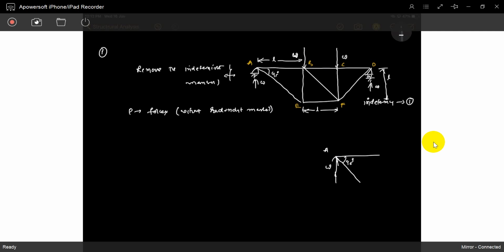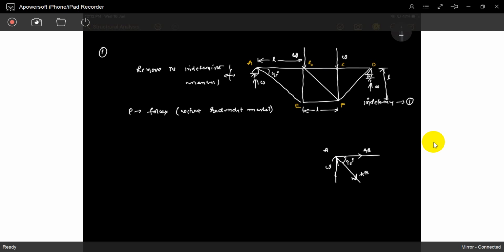What is the force at A? I will take this direction, because the vertical force is balanced by W. Whatever the direction, no problem. This is AE, and this is AB, inside or outside, your choice.